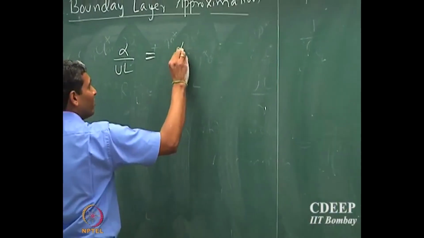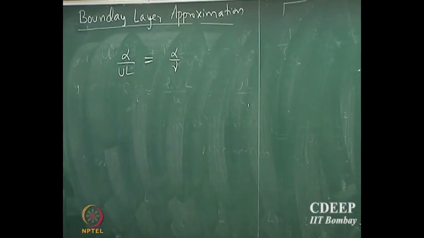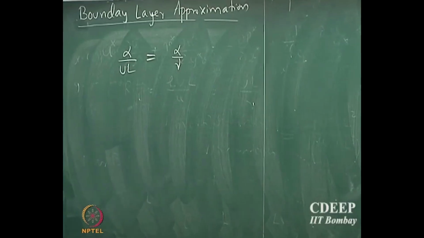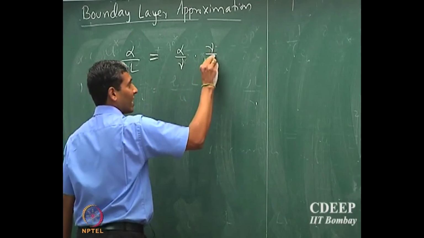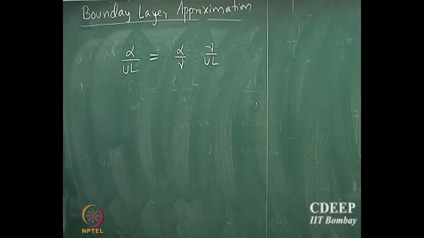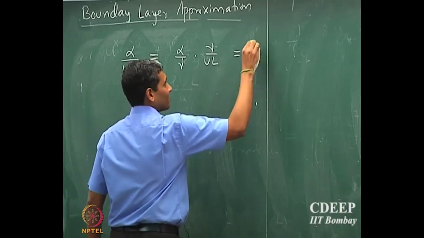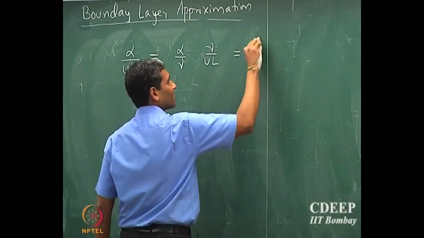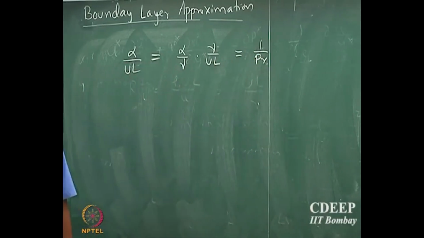Okay, so what you can do is you divide this by nu, okay. What is nu? Nu is the kinematic viscosity, multiplied by nu by UL. What is alpha by nu? Okay, so this is one by Prandtl number.